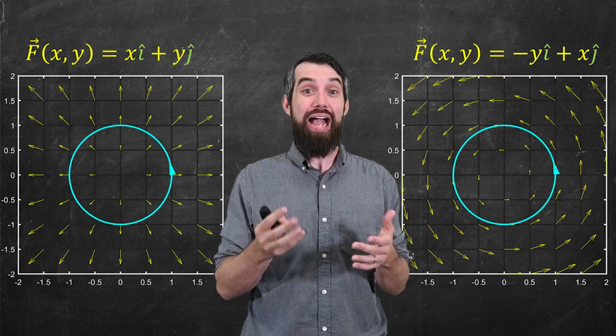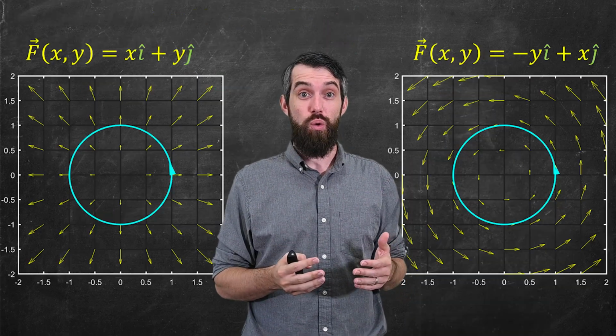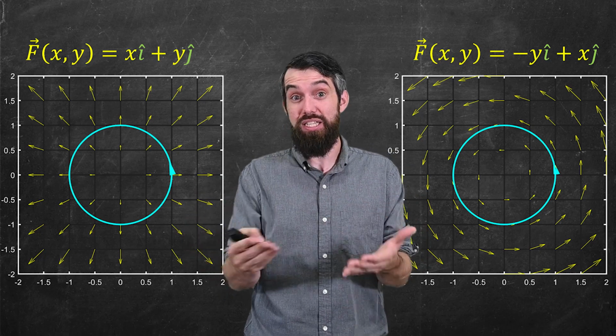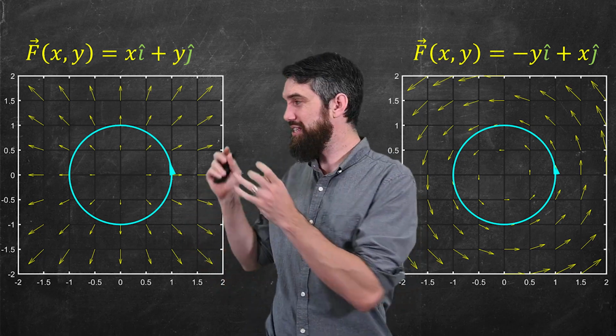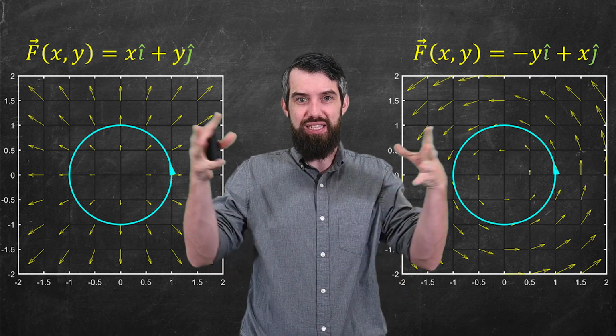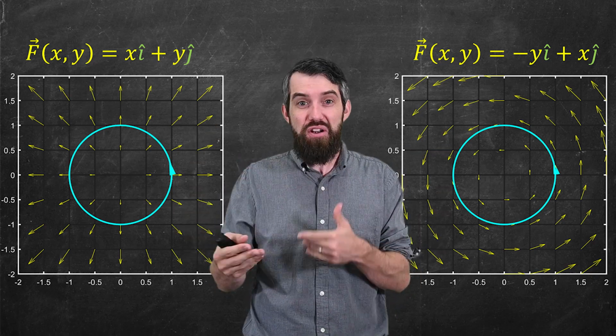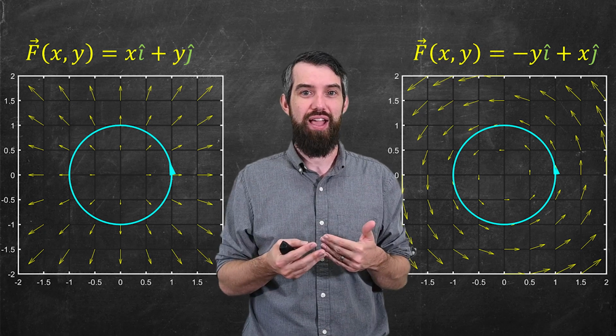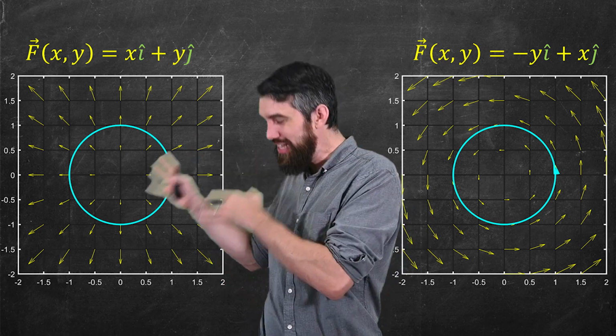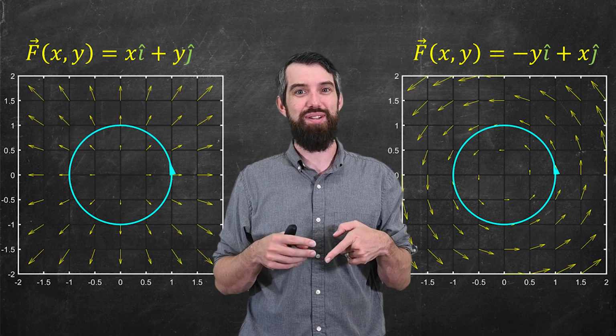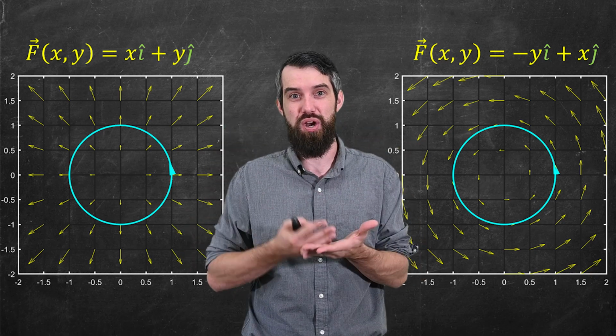All right, so back to our two different fields. What should we guess the circulation is in these two cases? Well, for this dispersion field where everything's leaving from the origin, there is no spot at which the vector field is tangential to the curve. Anywhere around this circle, the vector field is actually completely normal to the curve.